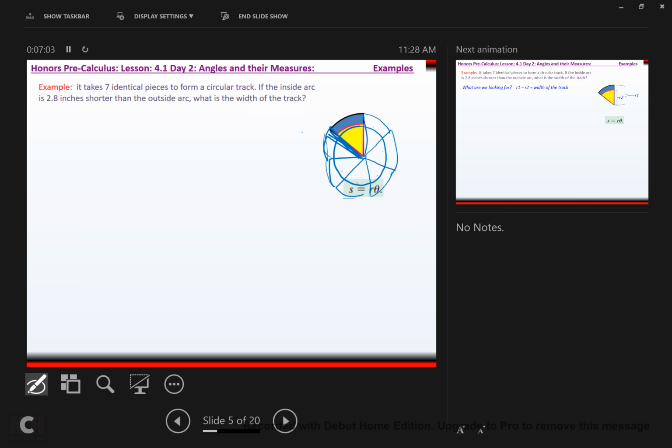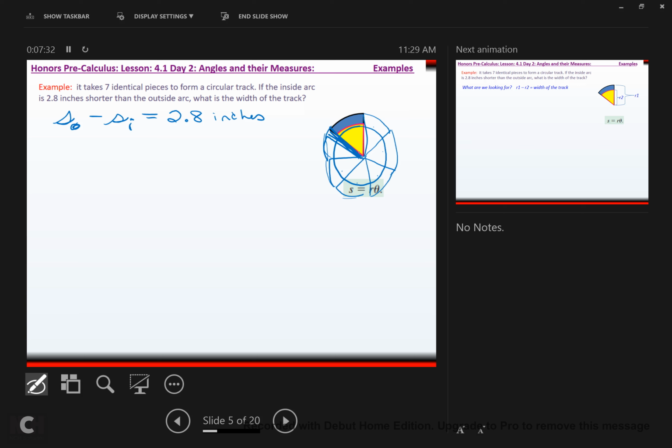Basically it says that the inside arc is 2.8 inches shorter than the outside arc. So if I take the outside arc and subtract the inside arc, that has to be 2.8 inches. So there's my formula. I just have to figure out these arc lengths. To get their arc length, I need to figure out what theta is.